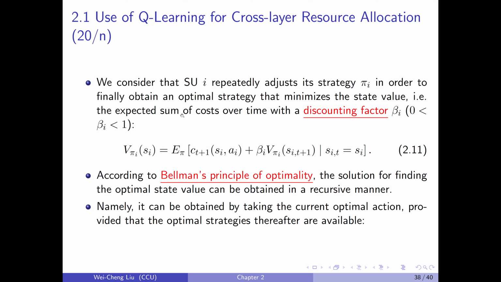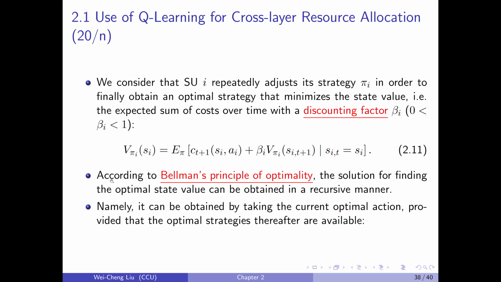So the expected sum of costs V^pi_i is a function of s_i. Okay, and given s_{i,t} equal to s_i, we can find the expectation of this term.